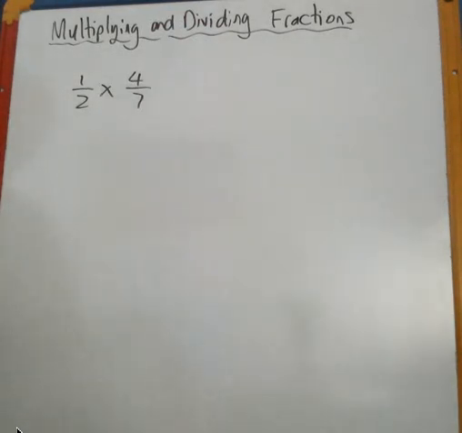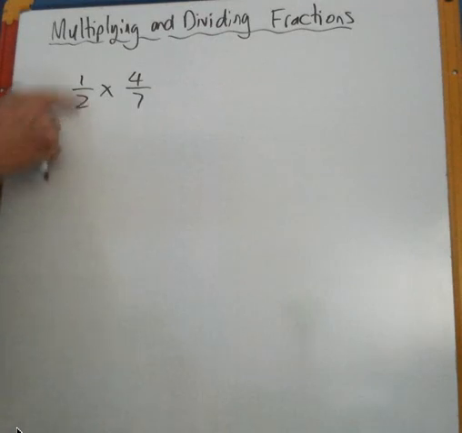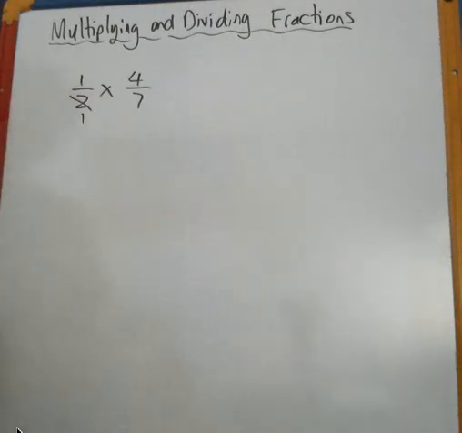By that I mean looking at the numbers on the top and the bottom of both fractions and seeing if there's anything that goes into those numbers. So we've got a 2 at the bottom there and a 4 at the top there. Well, 2 goes into 2 and 2 goes into 4, so we can cancel that down. 2 into 2 is 1, 2 into 4 goes 2.